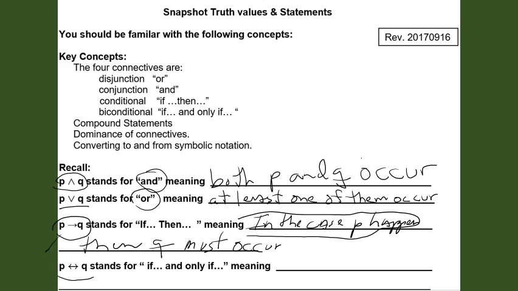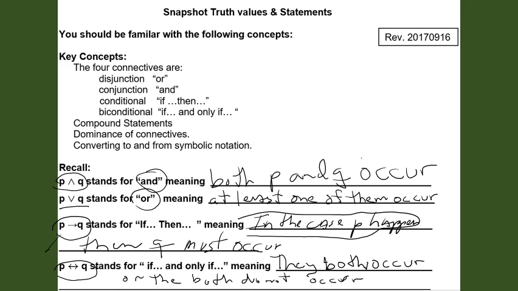The last one, P if and only if Q, stands for basically they both occur or they both do not occur. Sorry about the small handwriting there, but anyway.